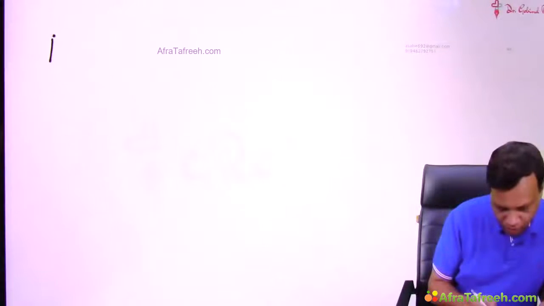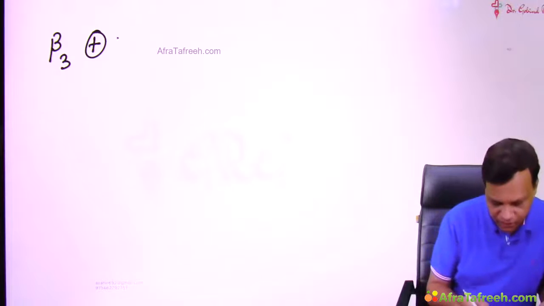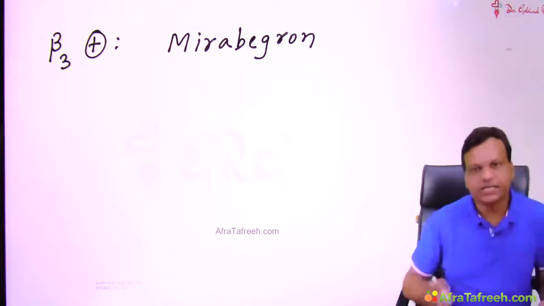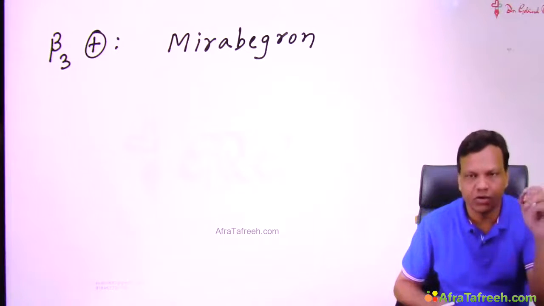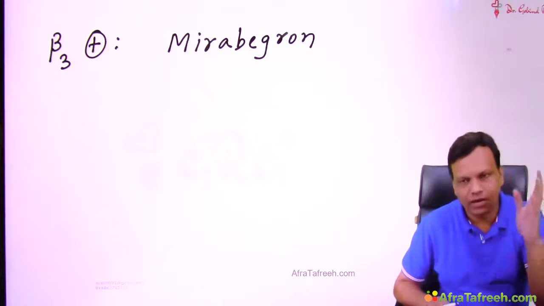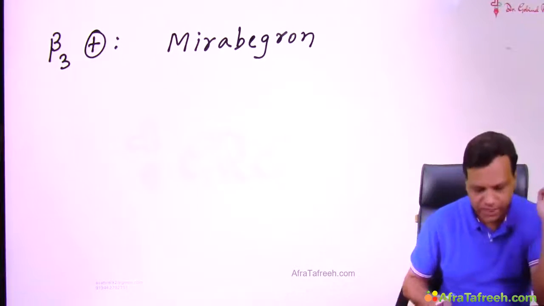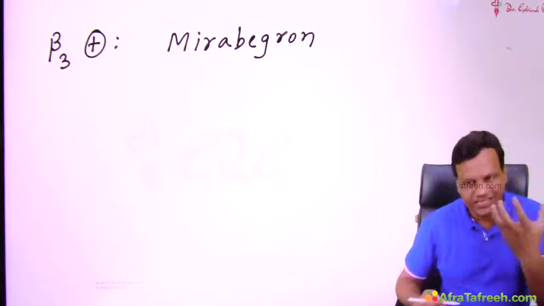The next group of non-catecholamine can be beta-3 agonist, and the drug which stimulates beta-3 receptor is mirabegron. Beta-3 is primarily present on the adipose tissue and on the urinary bladder. So mainly on the urinary bladder, the drug is working. So beta-3 relaxes the bladder.